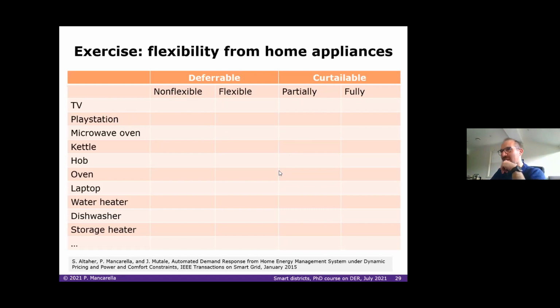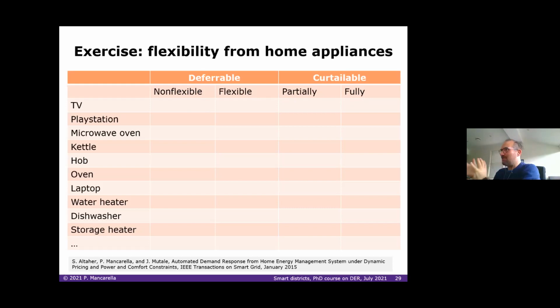So Marie is saying that TV is non-flexible and fully curtailable, because fully refers to curtailable. Non-flexible means it can be deferred.